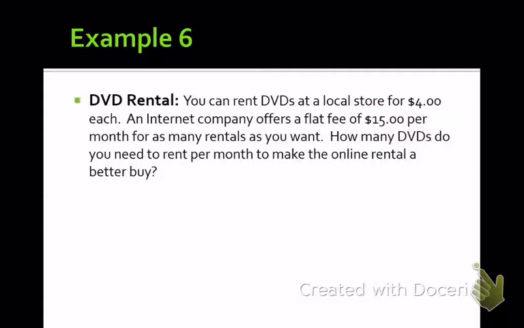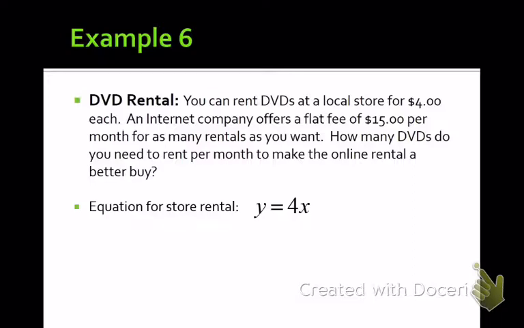Okay. Well, we would need to come up with the cost structure for both, right? If you go to the store, you have to pay $4 every time you rent a movie. So if we let Y be the cost of rental and X be what we don't know, which is the number of DVDs, then we can come up with an equation of Y equals 4X.